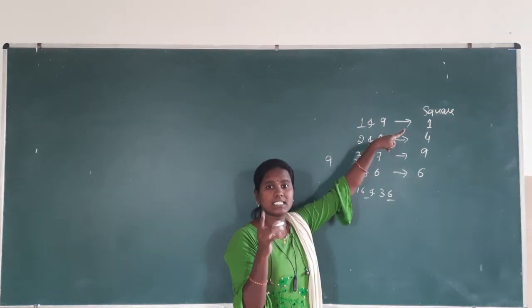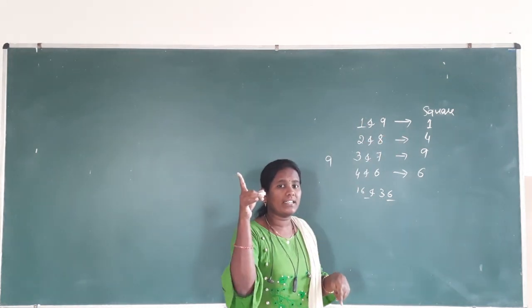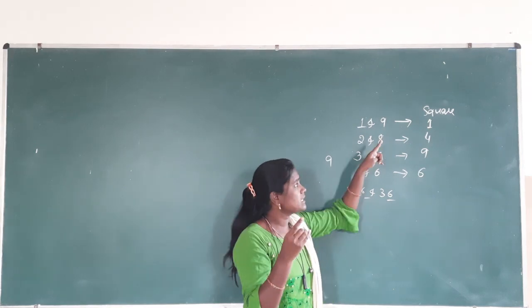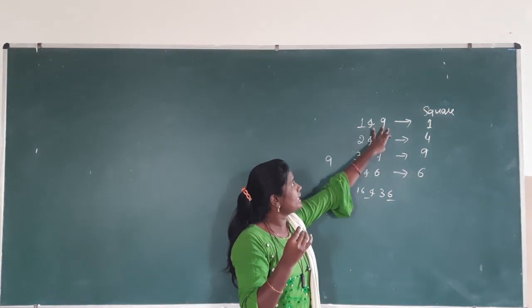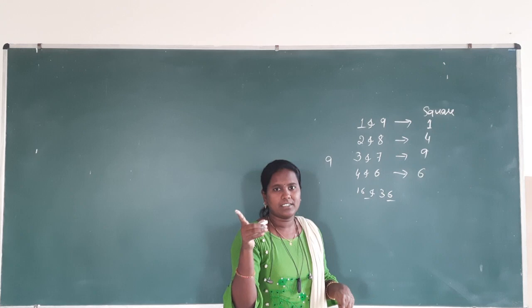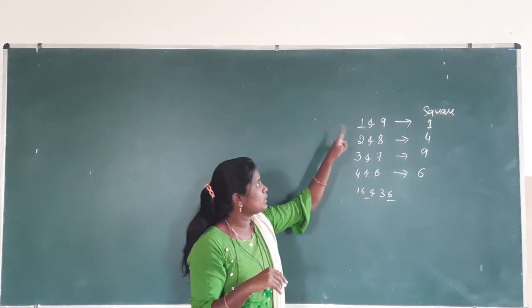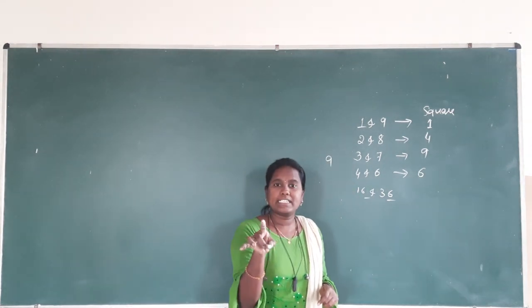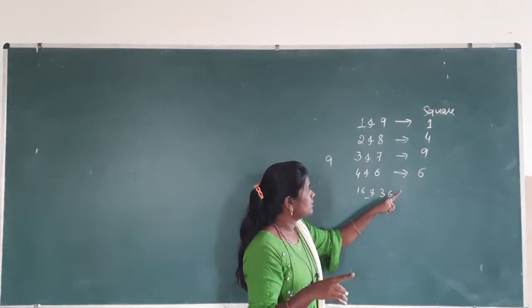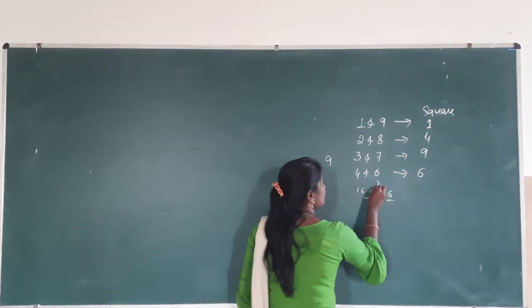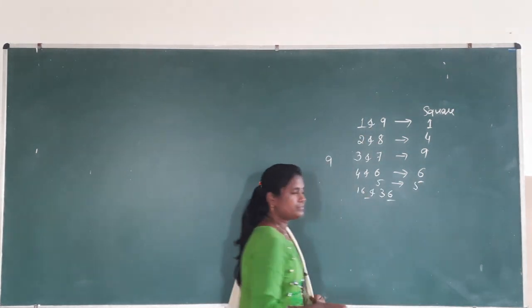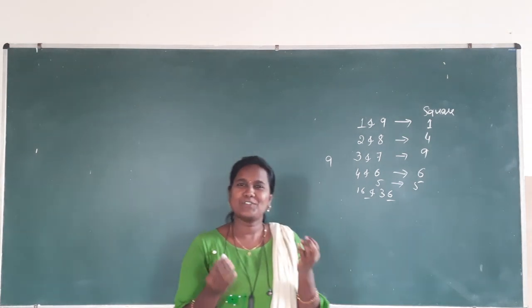Then 9 square is 81 and 1 square is 1, so the digit place is 1. This is the format. And if the number ends with 5, its square ends with 5.